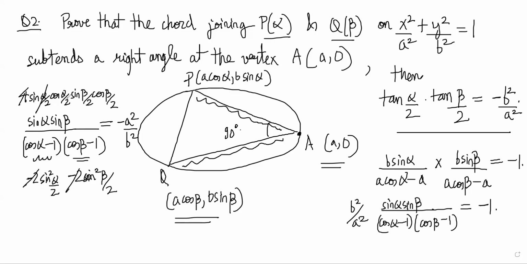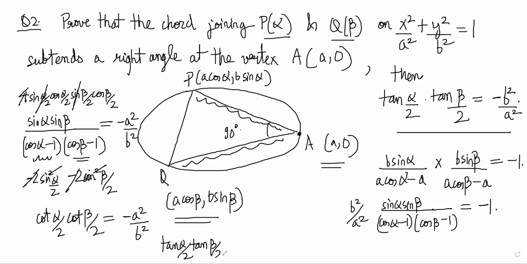One sine alpha by 2 and sine beta by 2 will get cancelled here and the powers will go away. And this is basically cot alpha by 2 cot beta by 2 is equal to minus a square by b square. And that implies that tan alpha by 2 tan beta by 2 will be equal to minus b square by a square, the reciprocal. So that finishes off this problem.